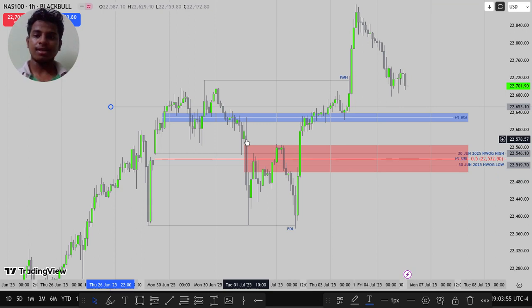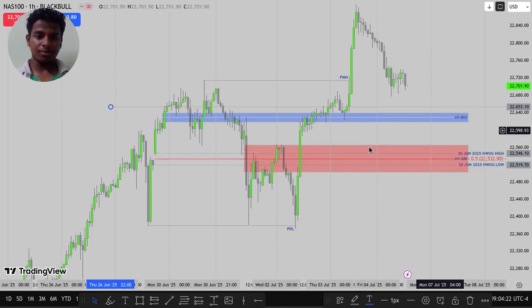If you select the imbalance, where is it formed? Market formed this imbalance at the 10 a.m. session, the New York time and the NY market. Market formed this imbalance to break this low and this gap, break this.